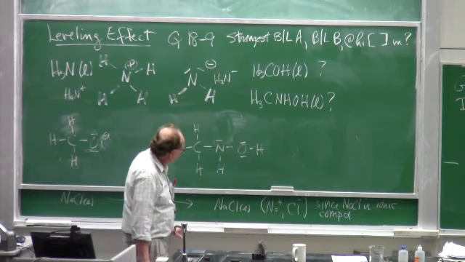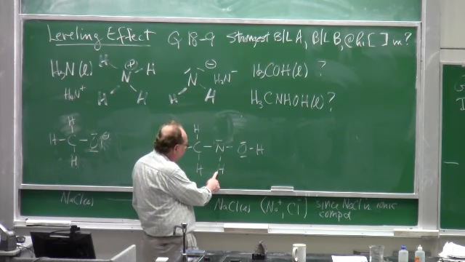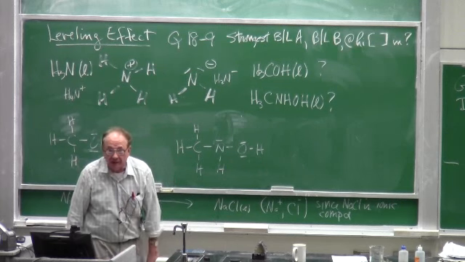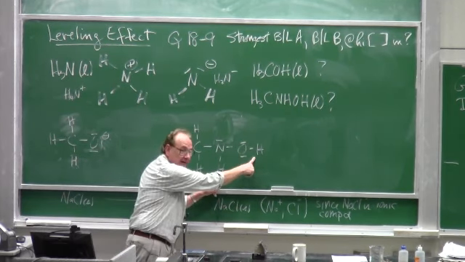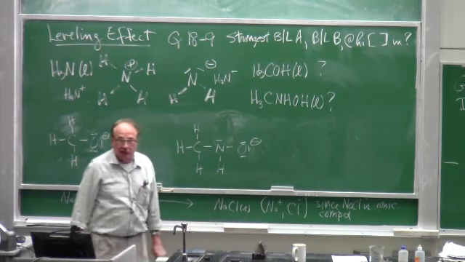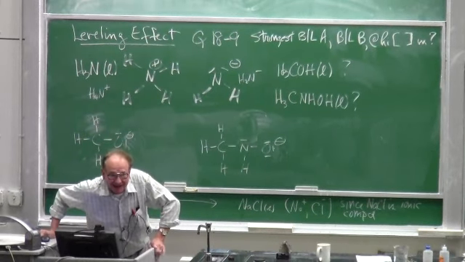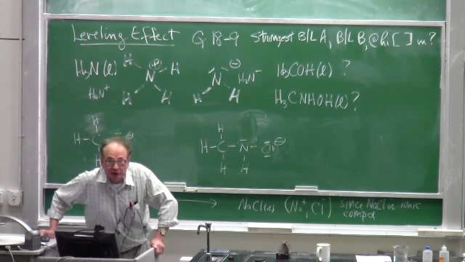So here your choice would be, am I going to take H as H plus away from nitrogen, or am I going to take H as H plus away from oxygen? You already know the answer, don't you? Which H is lost as H plus? This or this? The oxygen, you betcha. Because now I have that minus charge on oxygen, where the minus charge is more effectively stabilized, more peaceful, less reactive, and therefore, if you wish, less active.